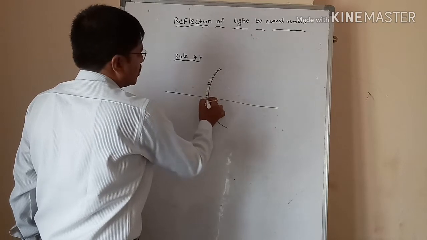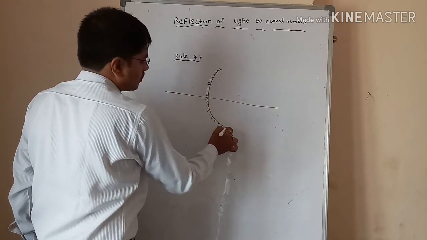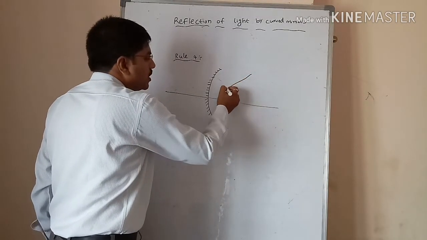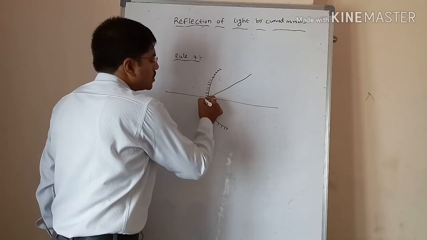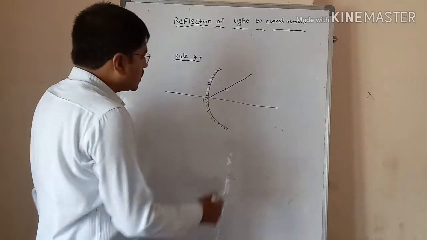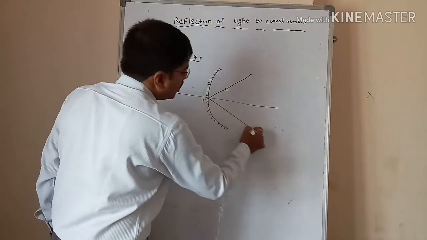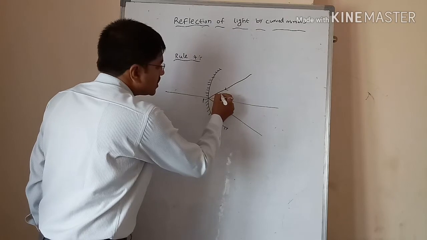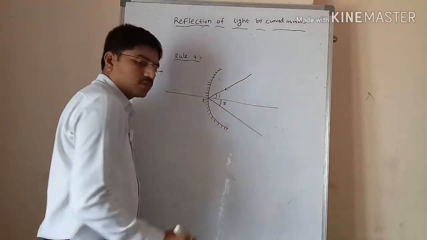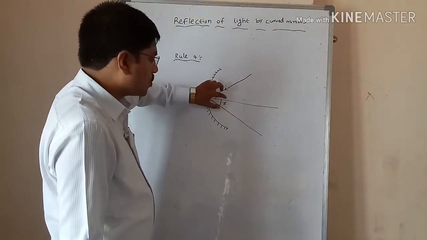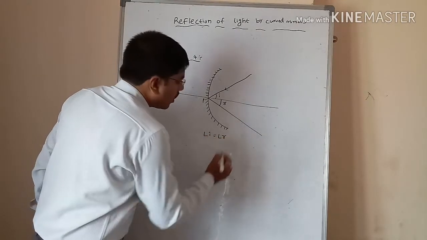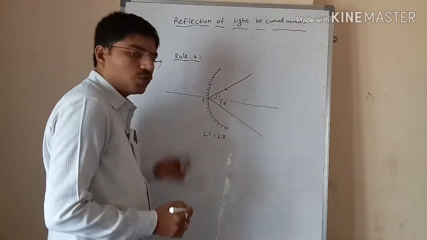If any ray is incident on the pole, so this is the pole now, the same angle of incidence should be the angle of reflection. Angle of incidence is equal to angle of reflection, that is, angle I is equal to angle R. This is called rule 4.